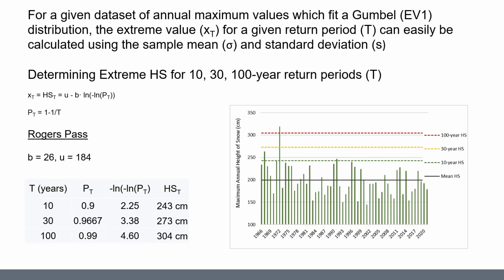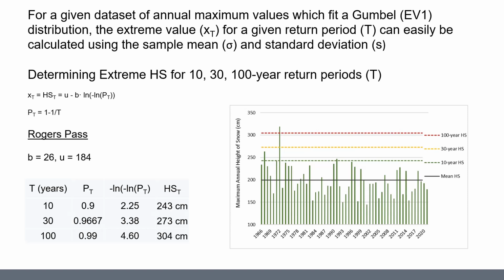So in this little table in the bottom left, we've got the 10-year, 30-year, and 100-year, and then we do our calculations for each. Based on our data set for Rogers Pass, and this is not updated this year, it's from 2021, our 10-year height of snow at Rogers Pass would be 243, 30-year would be 273, and 100-year value would be 304 centimeters.